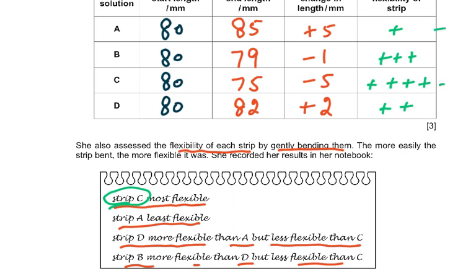Strip D was more than A, so that will be 2 plus, but less than C. So C was 4 plus as it is, and then B was more flexible than D, so B had to be more than D, so D is 2 and B is 3. You had to figure this out, not very difficult. I'm sure you could have done it. It wasn't very challenging at all.